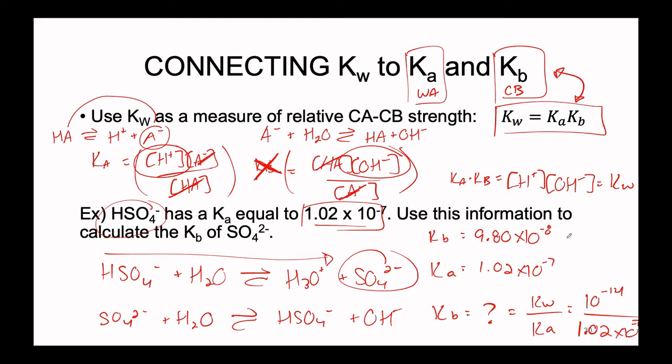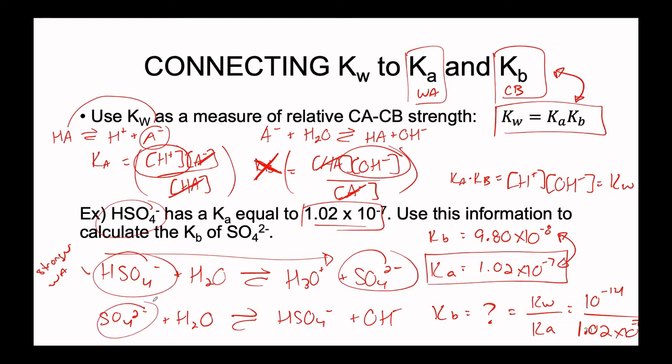All right, so if we want to compare the Ka to the Kb, whichever value is higher is the molecule or reaction that is dominant in aqueous solution. So because our Ka is higher, it is larger than our Kb, we would say that HSO4 minus is a stronger weak acid than SO4 2 minus is of a weak base.